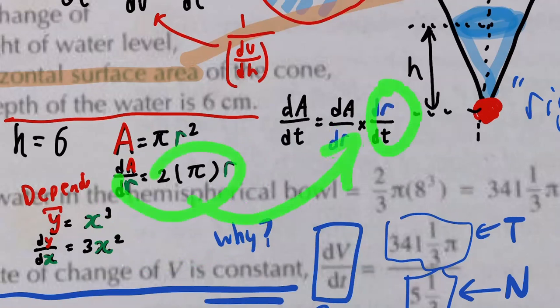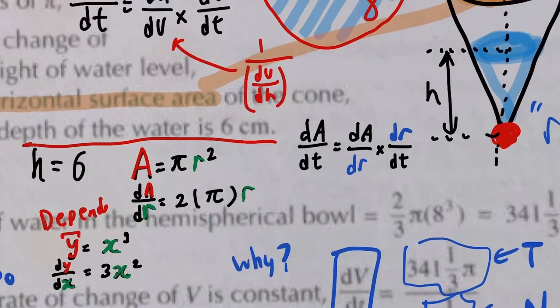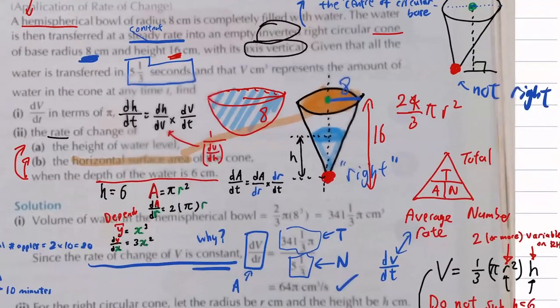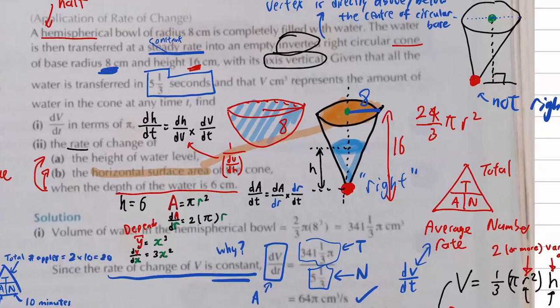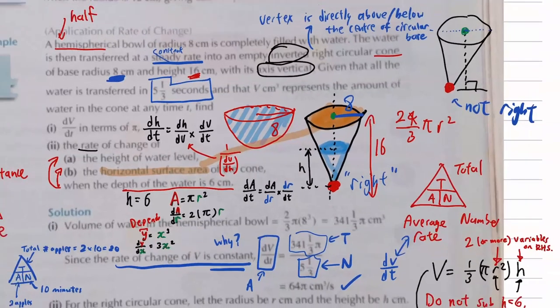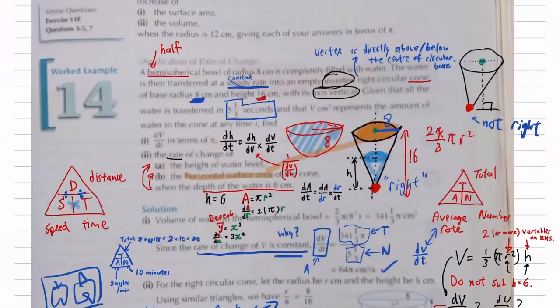But what's dr over dt? Wait, we don't have dr over dt. What do we have instead? We have dv over dt.